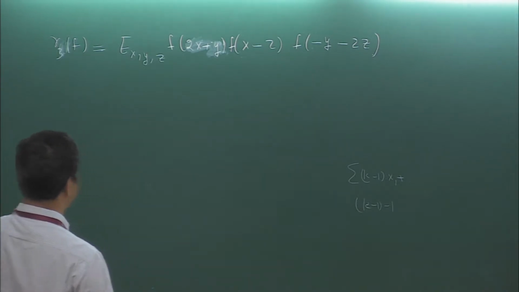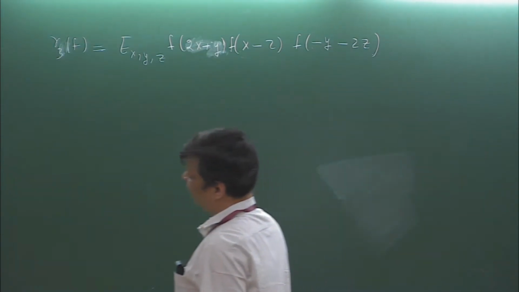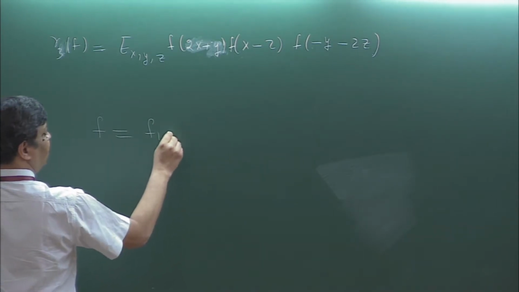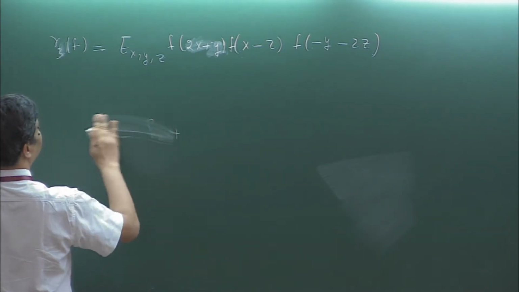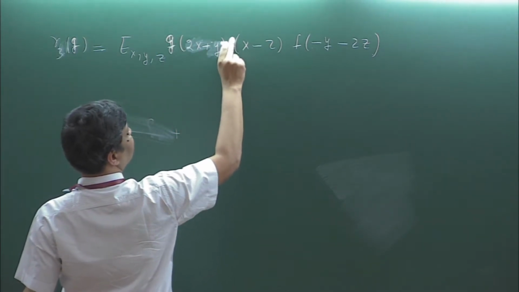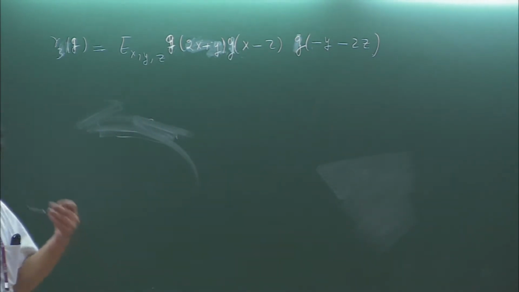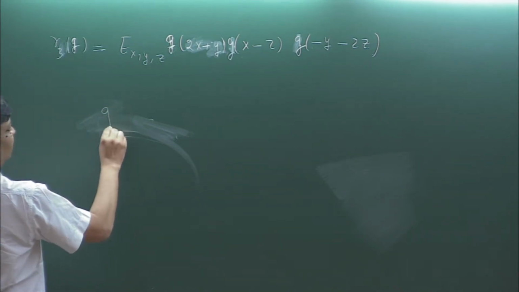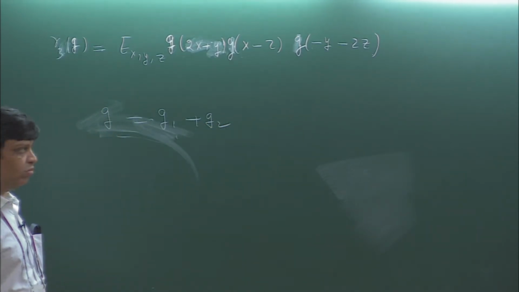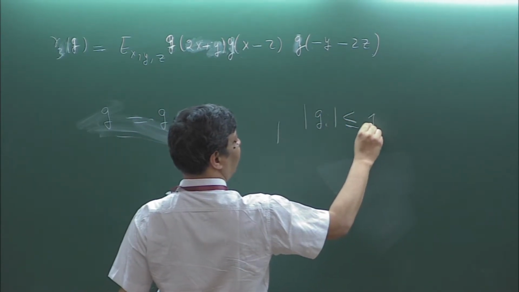So now, the advantage of writing in this manner is that if I write down f, suppose, let me write g because there are too many f's, as g1 plus g2, where all the gi's are bounded by 1.